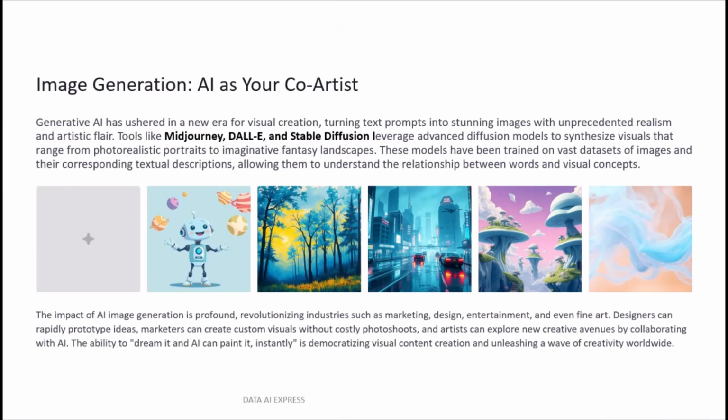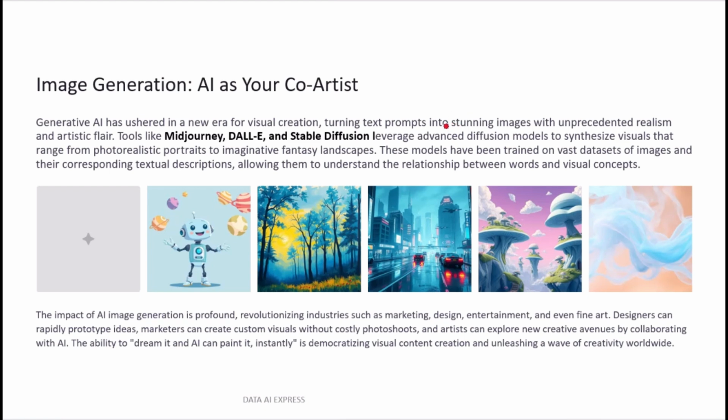Next, let's move from text to visuals with image generation. The principle is similar. Just as an LLM predicts the next word, an image generation model predicts the next picture. These models are trained on billions of images from the internet, learning to associate words with visual context. They know what a sun looks like, what a moon looks like. By providing a text prompt, you can instruct the model to create entirely new images.